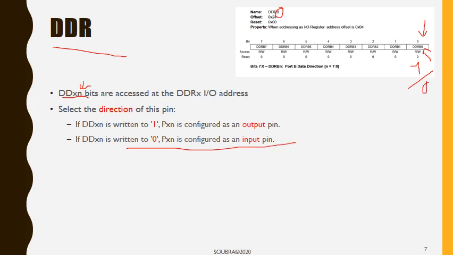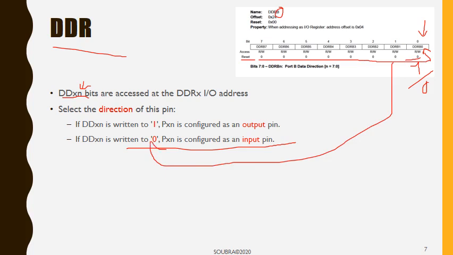What is the direction by default for the different pins? Well, all I have to do is check the reset value. So upon reset, everything is set up to 0. 0 means they are all input pins. That would sound weird. Why configure everything as input pins?